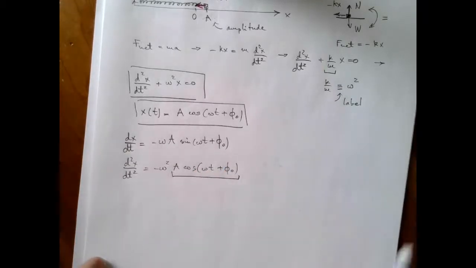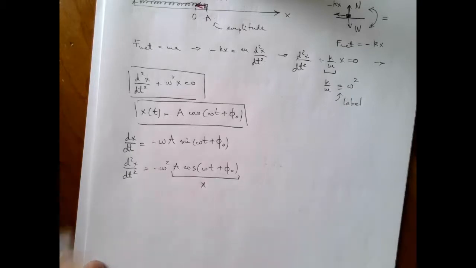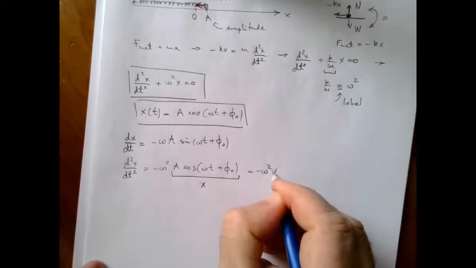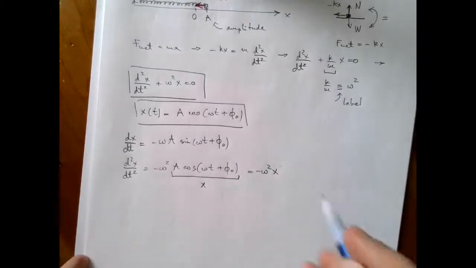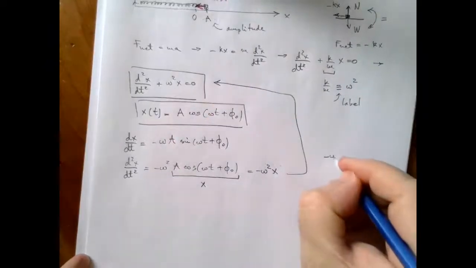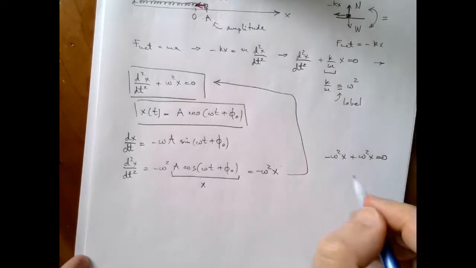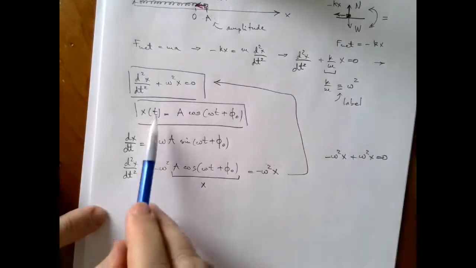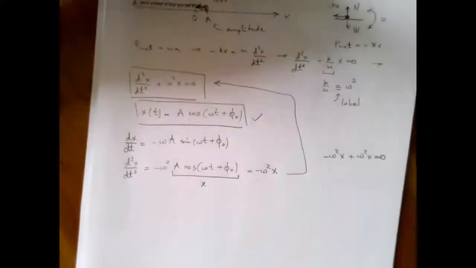But A cosine of omega t plus phi naught is precisely x. So this becomes negative omega squared x. If we plug this back in here, we see that indeed negative omega squared x plus omega squared x is equal to 0. So this is confirmed to be the solution.